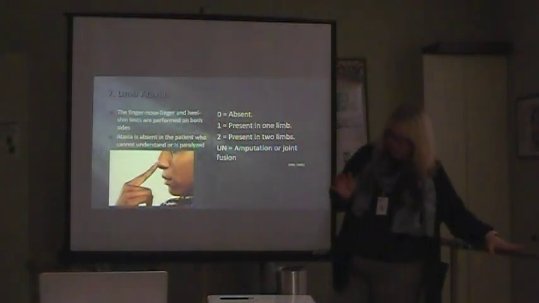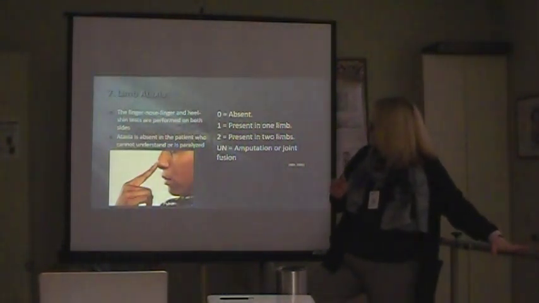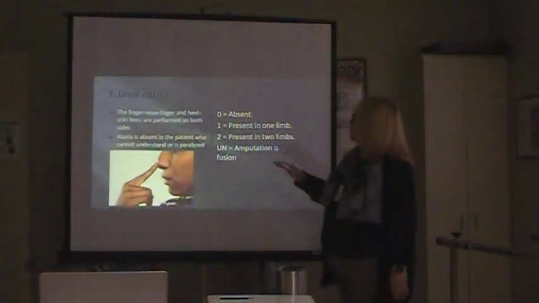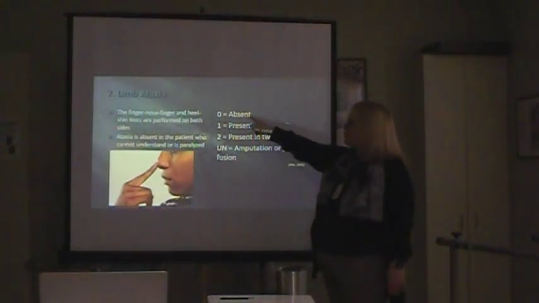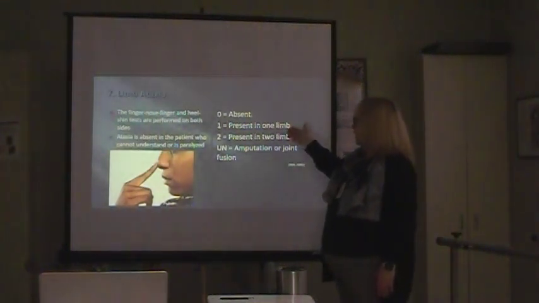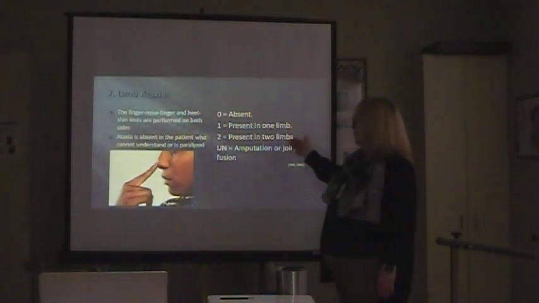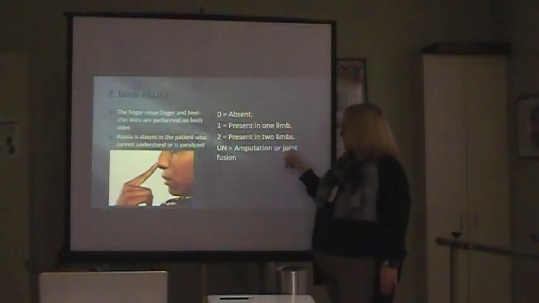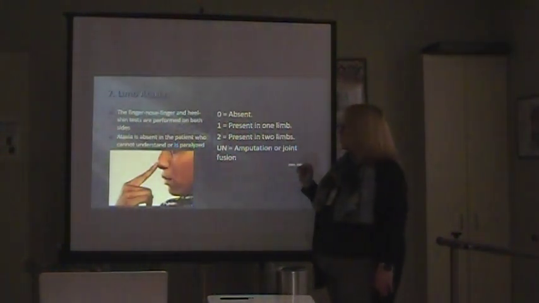They won't perform a straight line when they do the heel shin test, okay? So if they do this on both sides perfectly, obviously that's the 0. Present in one limb, it's the 1, and present in 2 limbs, it's a 2. If they have an amputation, obviously you can mark amputation as well.